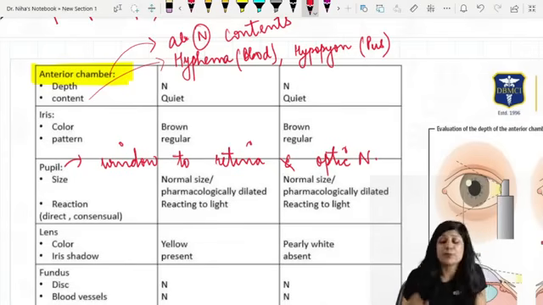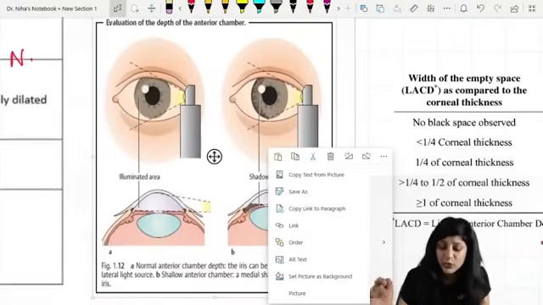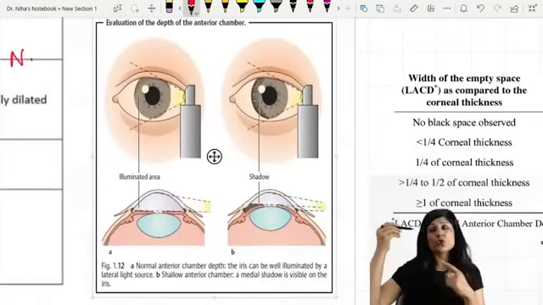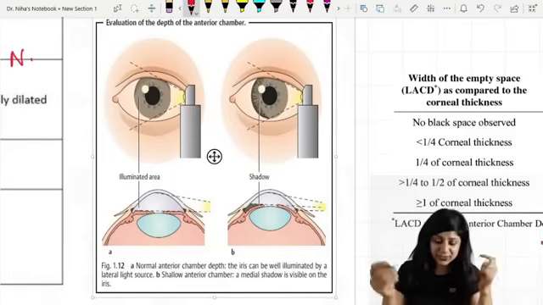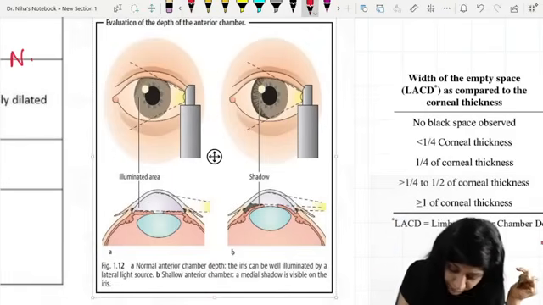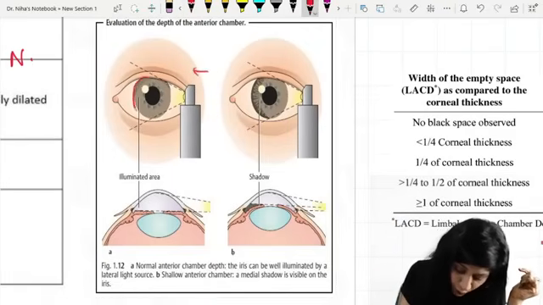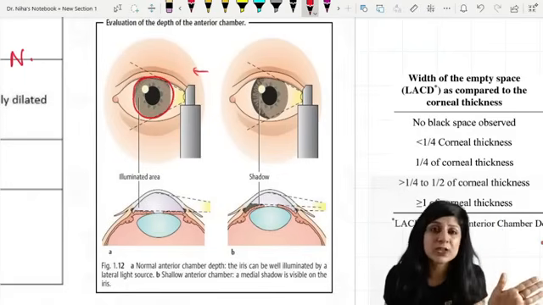And very important, how to assess the depth of the anterior chamber. What you have to do is show the light from the side. If you are showing the light from this side, and the whole of the iris is illuminated, that means your anterior chamber is normal.